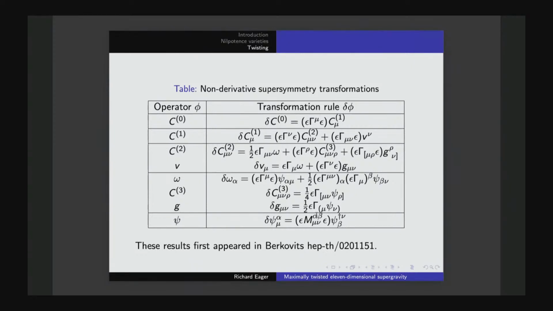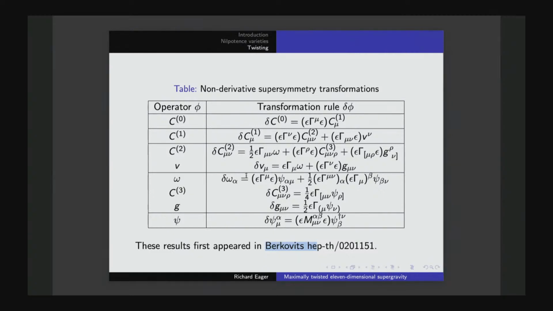Using the ideas of homotopy transfer that are in this work to appear, we can either derive or actually use this older work of Berkovits to get the non-derivative supersymmetry transformations of all the operators in 11-dimensional supergravity.